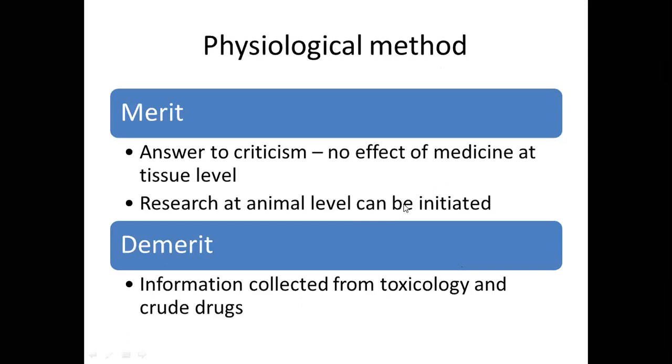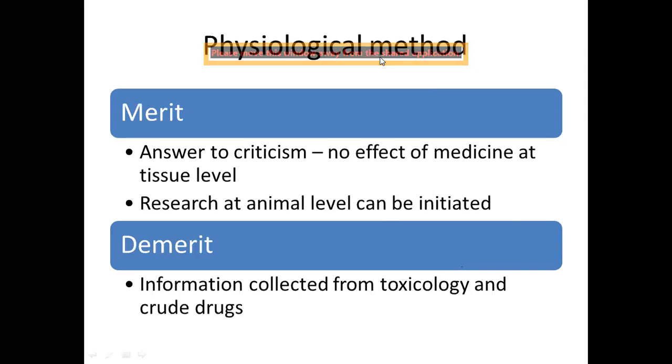So this physiological method of study of homeopathic materia medica is a good method to prove that homeopathic medicines even act at the level of tissue and produce certain changes in the physiology. And if you study this book properly, one can also initiate various researches at the animal level. In the very introductory part, I have told you that this is the basic difference between the homeopathic materia medica and all other materia medica of various sciences of medicine: that homeopathic materia medica does not do experiments on animals.